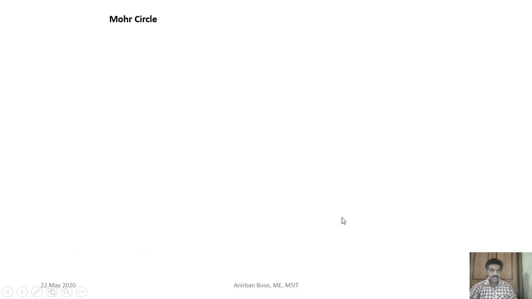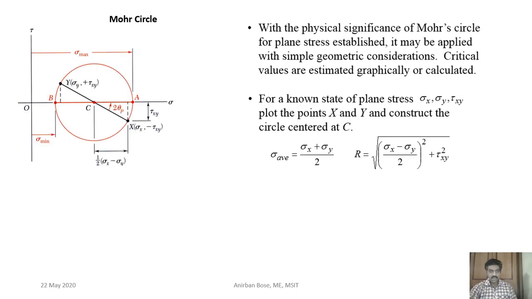Now the same thing can also be done with the help of Mohr circle, because that is also a method by which we can graphically visualize easily these different stresses and the principal stresses. The one thing you have to understand first is that this axis is the normal stress axis, sigma axis, and this vertical axis is the shear stress axis.